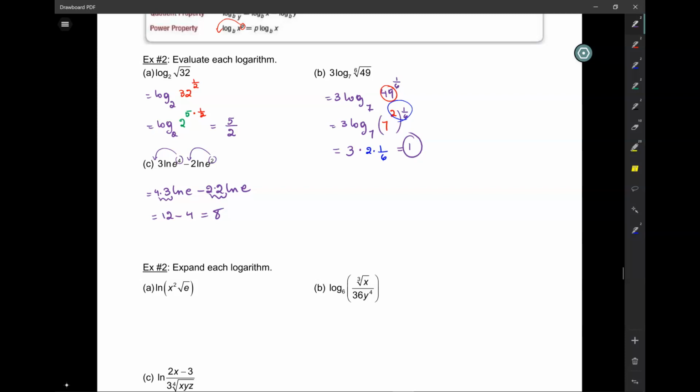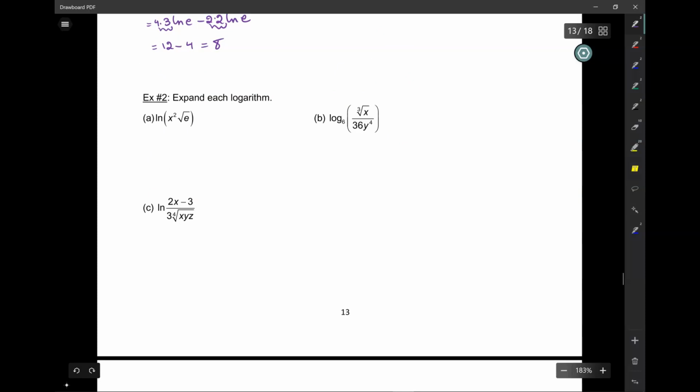Okay. Here, I'm being asked to expand. When you expand, here's what you have to do. You have to look inside the logarithm. The stuff inside the logarithm, we call it the argument of the log. What I do is I count how many elements there are.